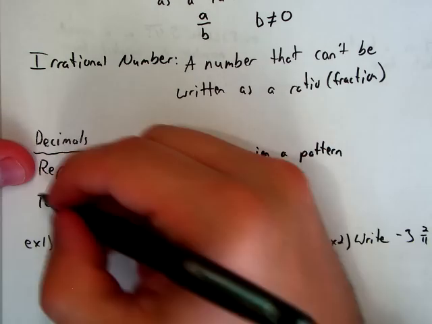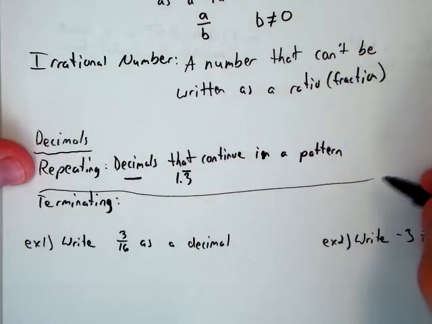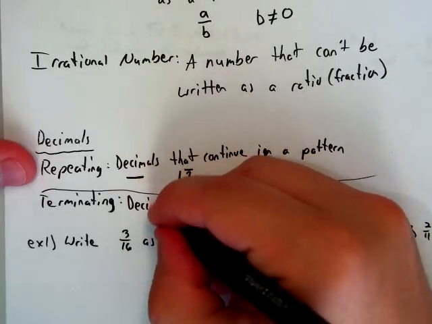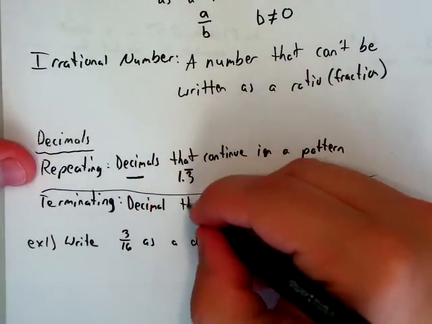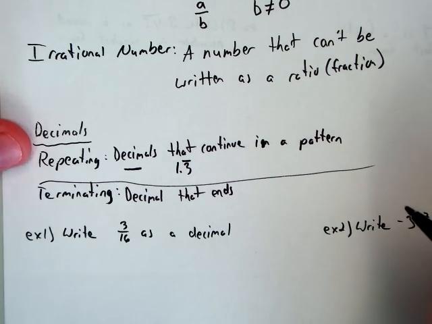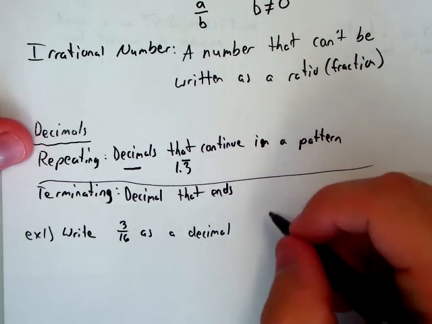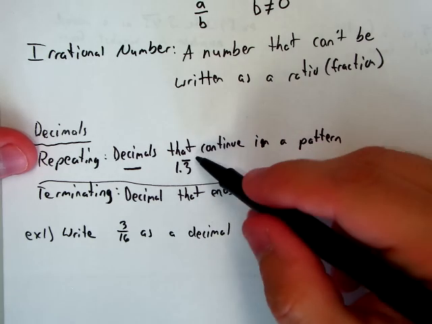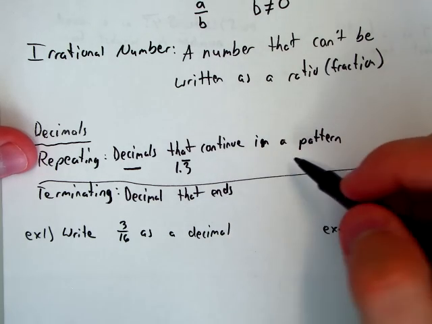A terminating decimal is a decimal that ends. Or the formal definition is a decimal where the part that continues on in a pattern is 0.